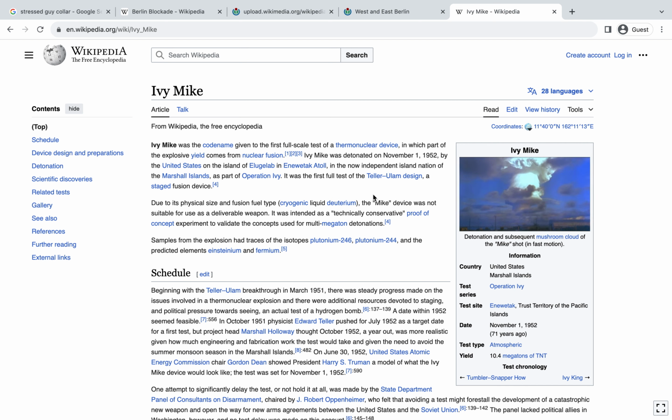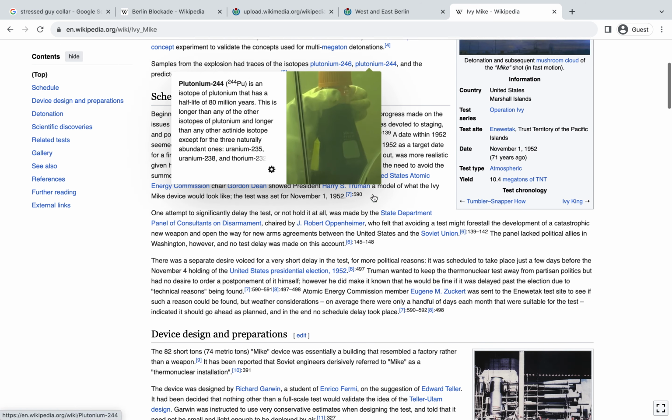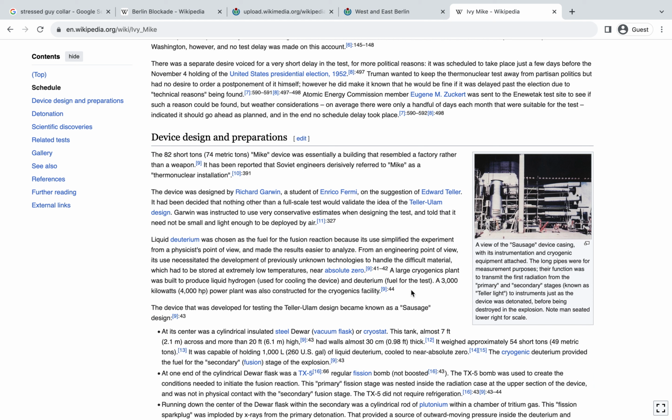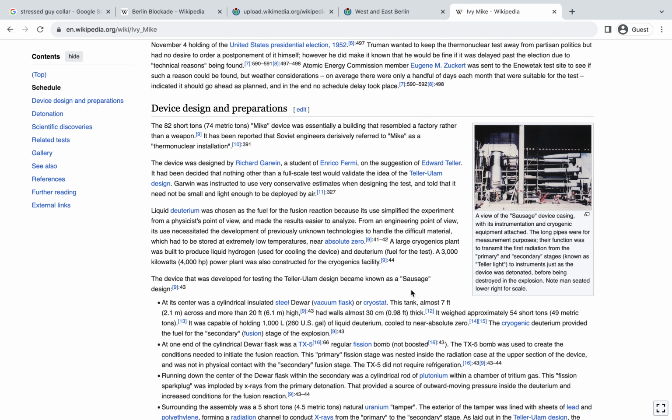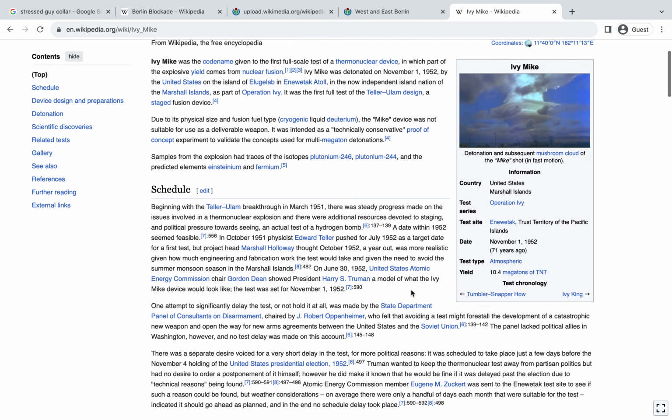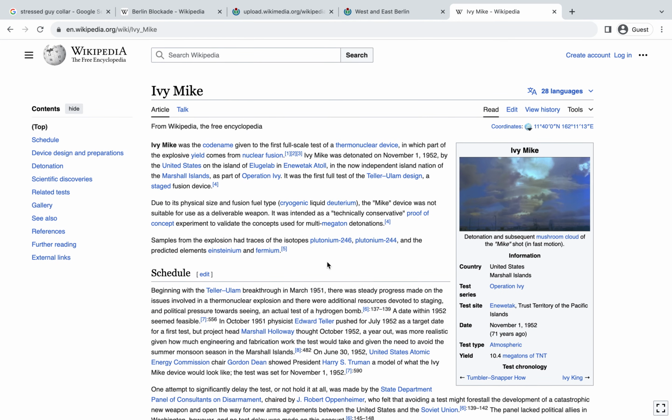Before that, there were atomic weapons, which is what you saw when you were watching Oppenheimer. These are thermonuclear weapons, which are much more powerful. The United States and the Soviet Union had both developed these by the end of the 1950s.